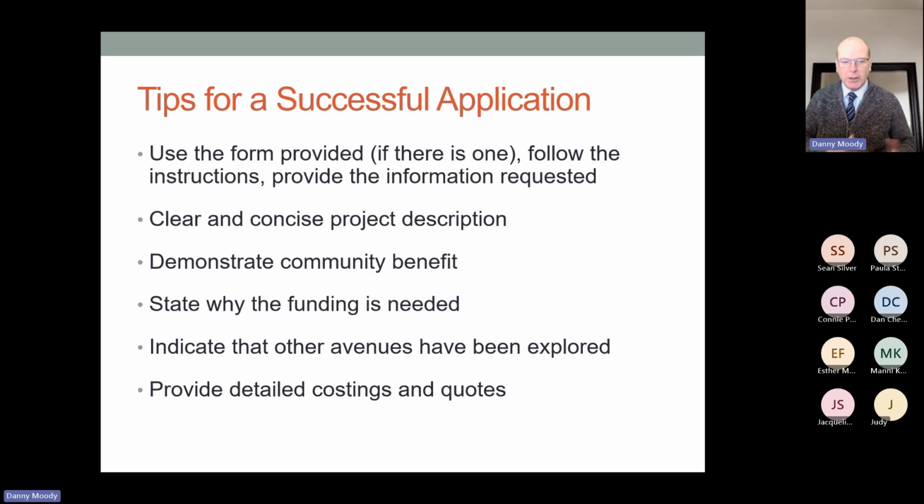And then critically, and going back to the point I made about grant being a hand up, not a hand out, state why the funding is needed and the other avenues that have been explored. So you're trying to get across to the parish council that you haven't come to them as a first resort, you've come to them almost as a last resort.